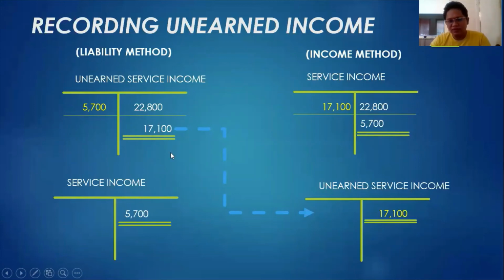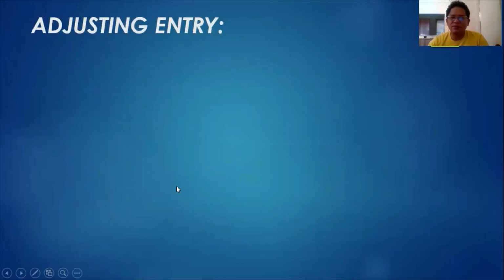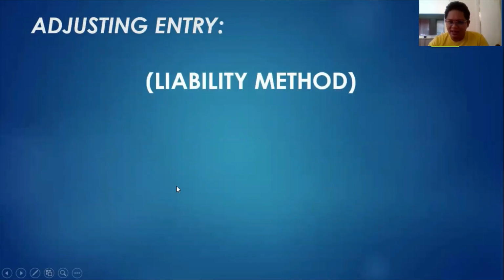So 17,100 here under the liability method and 17,100 here also under the income method. Likewise, service income to be recognized at the end of the year is 5,700 under the income method and 5,700 also under the liability method.